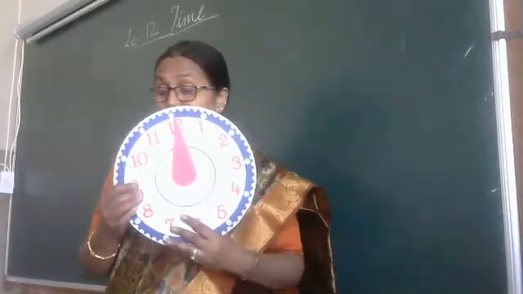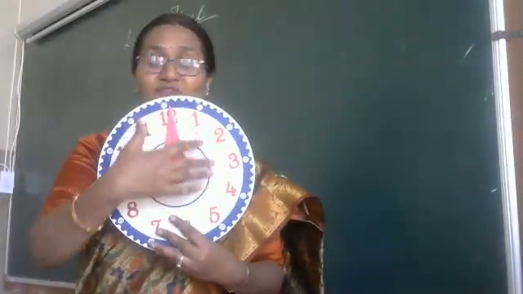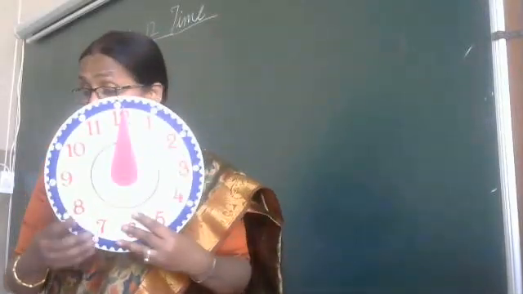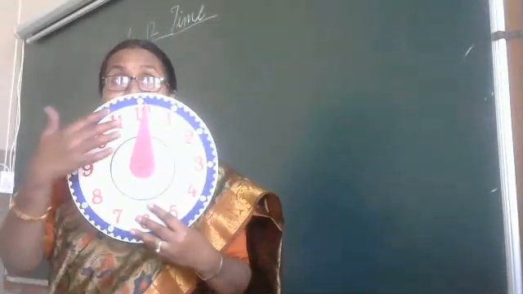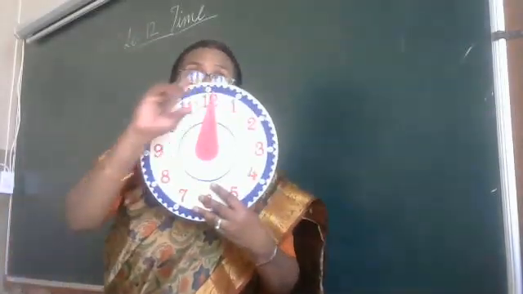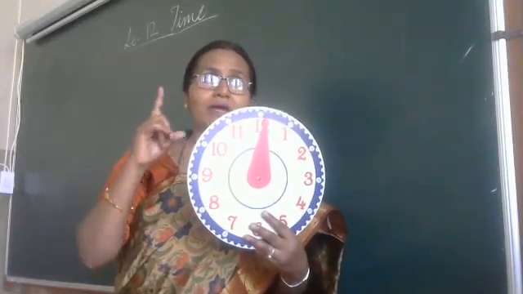This is the easy way, but you should know that the dial has 12 numbers and is divided into 60 divisions in all, of 5 smaller divisions, the table of 5. So when the minute hand completes 60, one round, it goes to another hour, and that makes 1 hour complete.